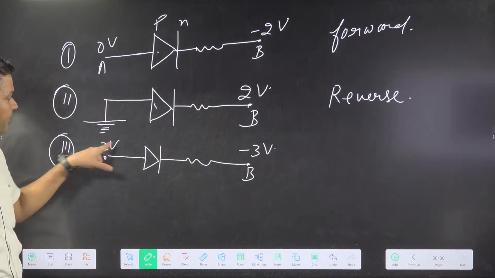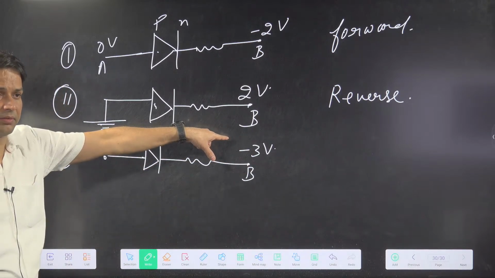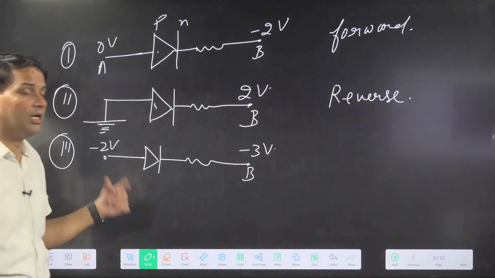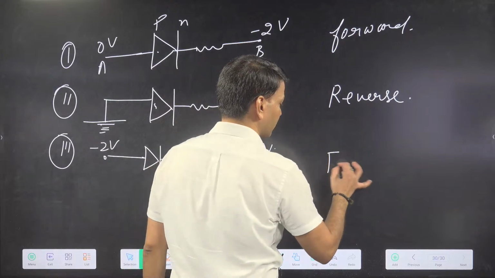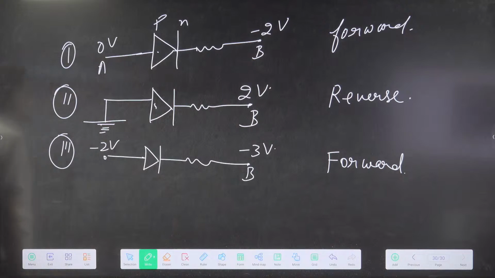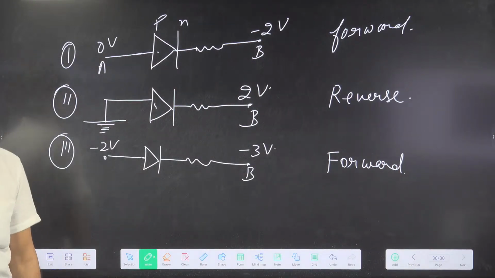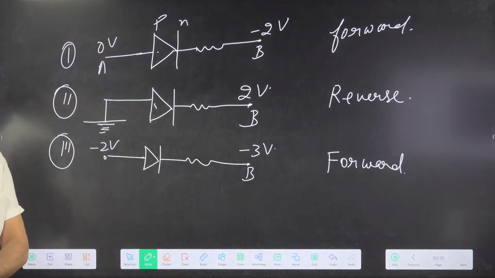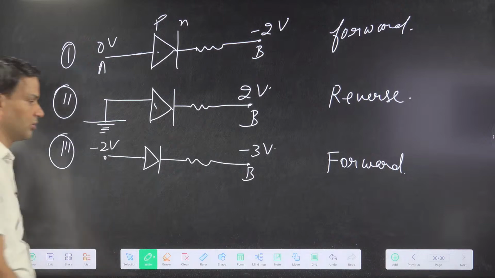So P potential is more, because -3 is lesser than -2. That's why here also it is forward biasing. So FB, FB, RB. 1 and 3 are FB and the second one is RB, reverse bias.